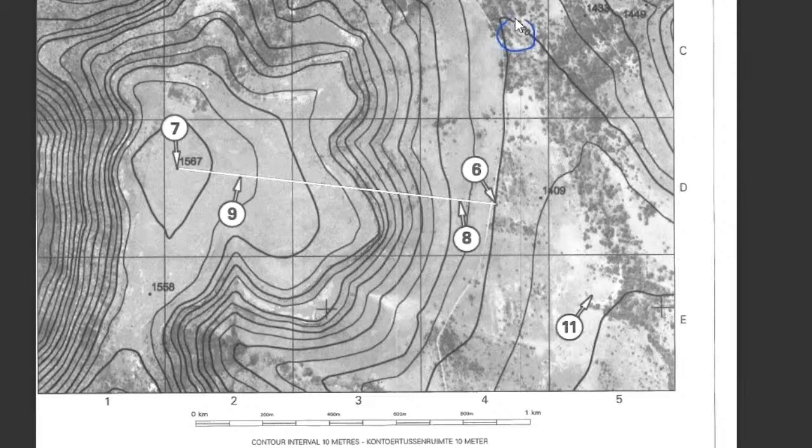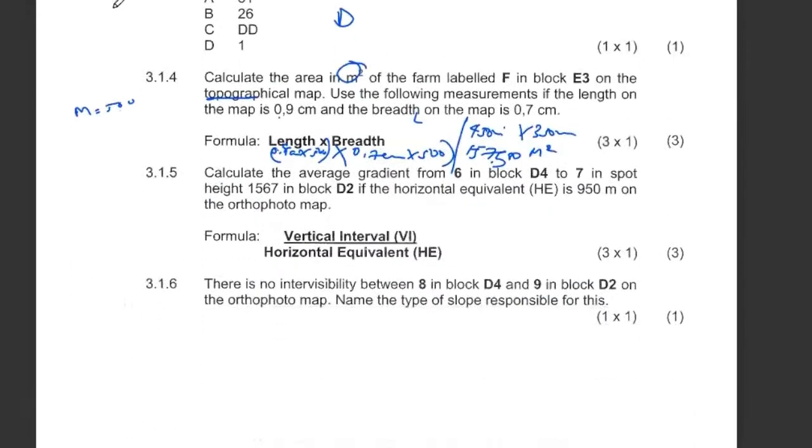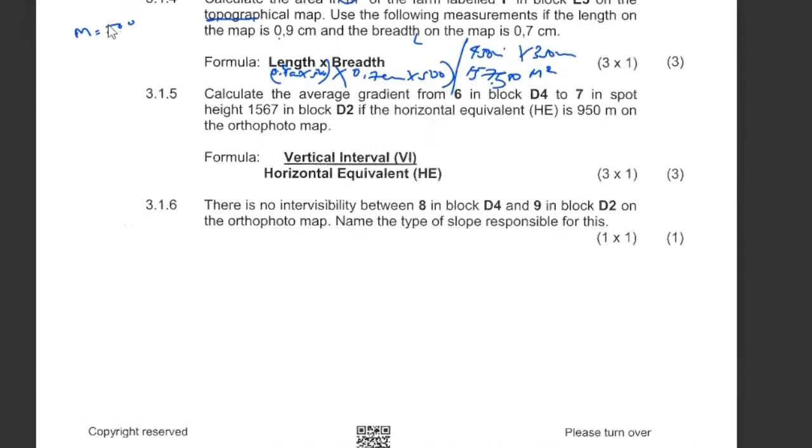Okay, so we take these two and we minus them. So when you come here, you say the vertical interval is equal to 1567 meters minus 1420 meters.